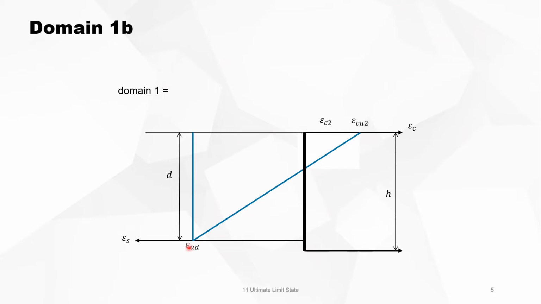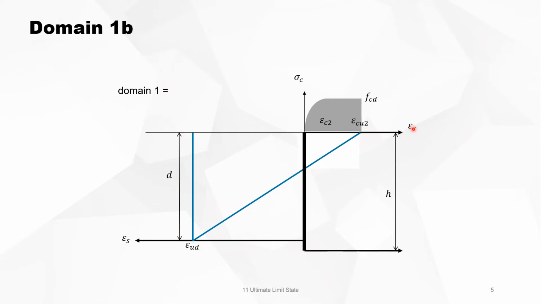The right border is when the strain in the steel is maximum together with the strain in the concrete. This domain 1 can in fact be subdivided into 3 different parts. Mainly it's 2, domain 1A and 1B, but 1B can be split up in 2 other regions.